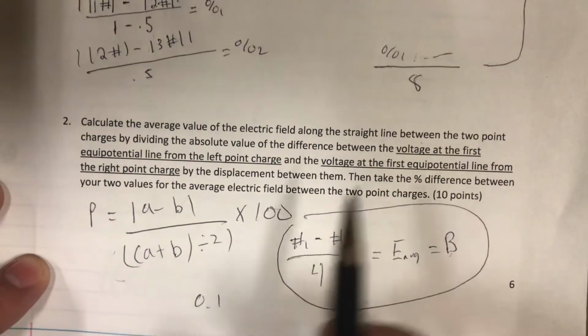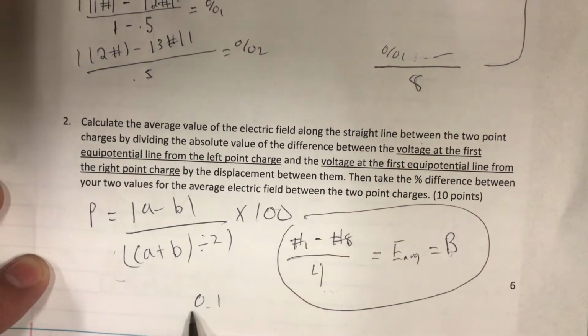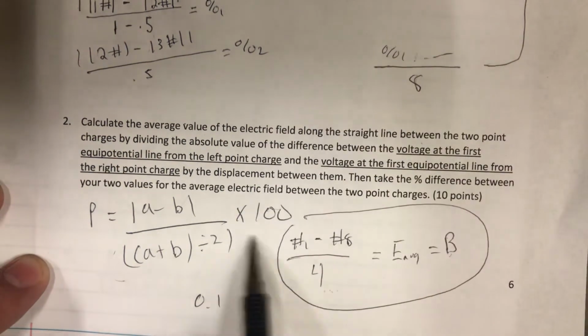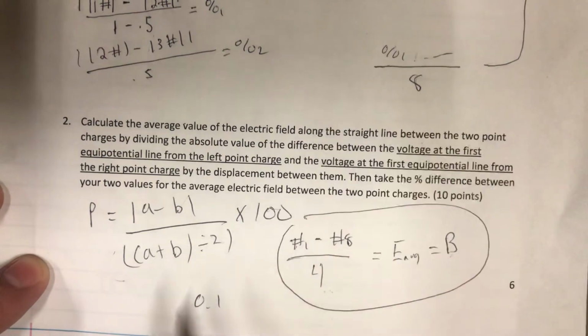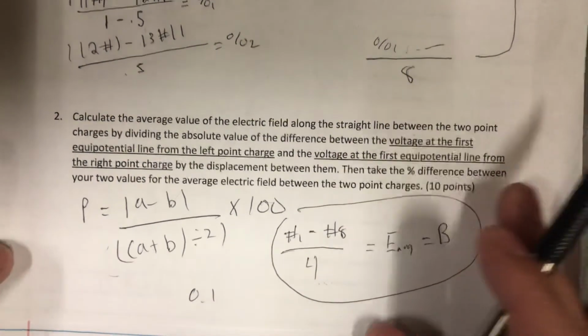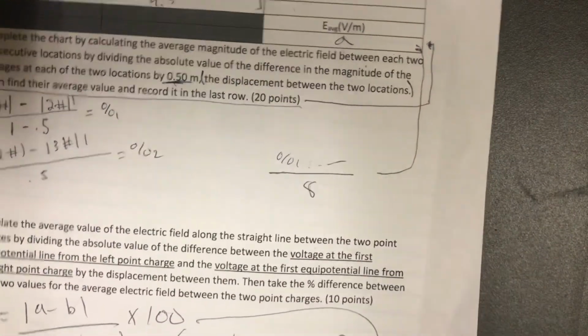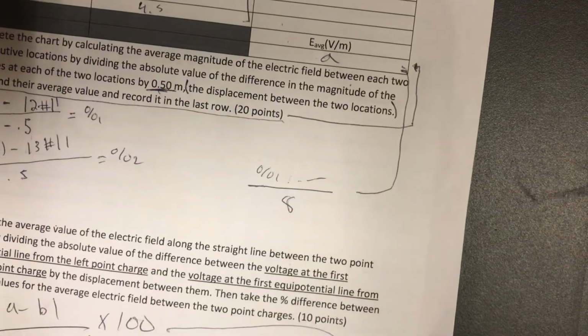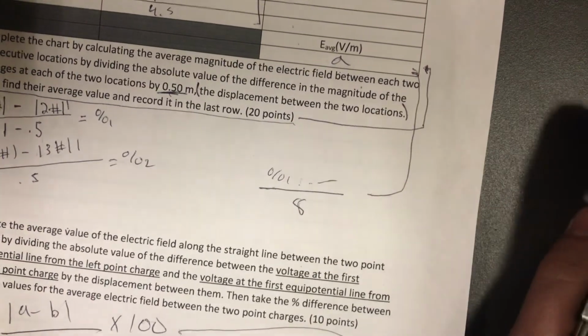This should be really, really close to 0 or 0.1, 0.2, something like that. But you shouldn't get any big numbers. So again, your percent difference should almost be exactly the same, if not the same. So keep that in mind, if these two numbers, your A and your B number, aren't close to each other, you did something wrong, so you're going to have to go back and look at what you did.